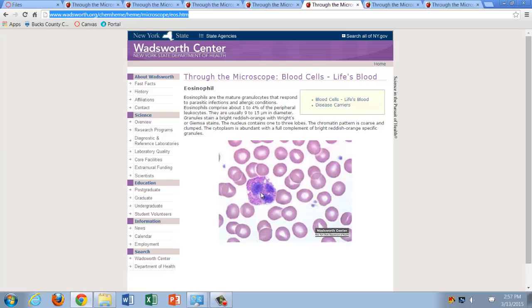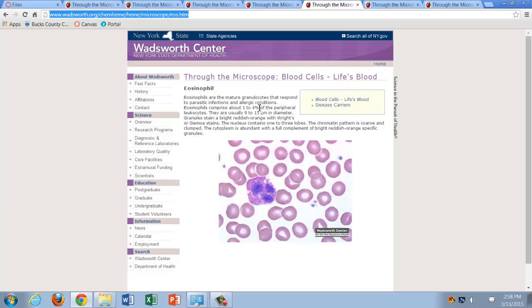If you look very hard, you can see the segmentations in the nucleus. So this is a segmented neutrophil, but the granules are a very dark pink. Sometimes they get to be even orange. We call them eosinophils, and there is a normal range, about 1 to 4%.